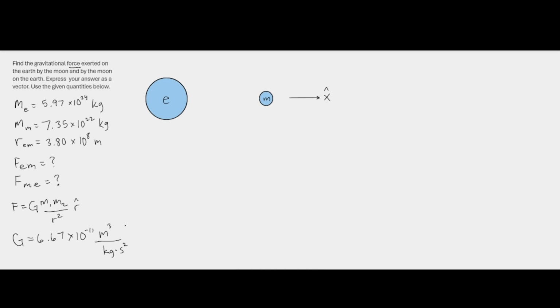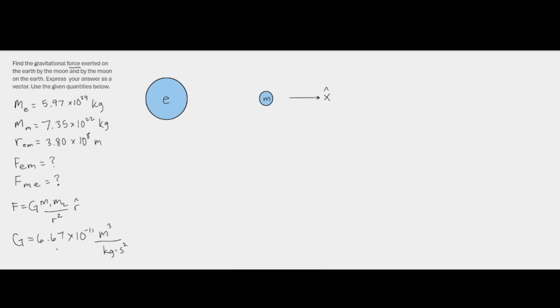When we plug these units into the equation, they resolve the units for the two masses, which are kilograms, and the distance squared, which is meters squared, so all we'll have left is newtons.